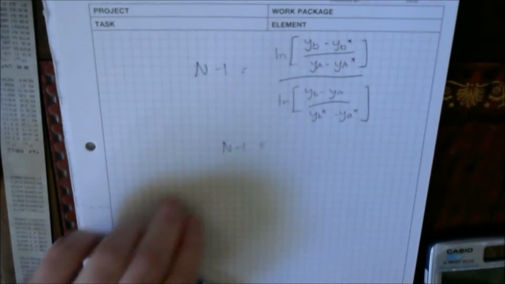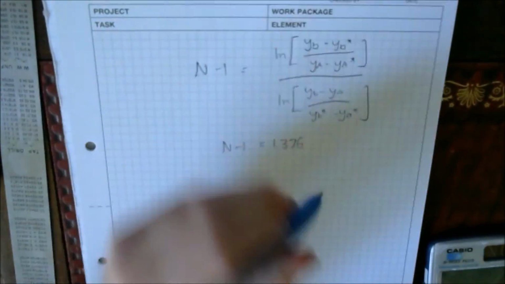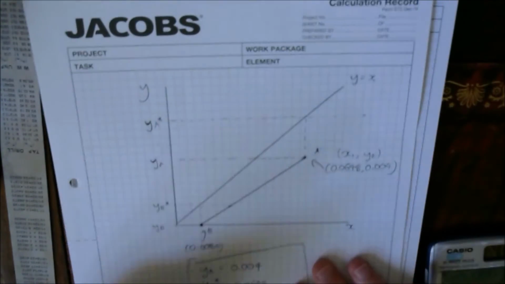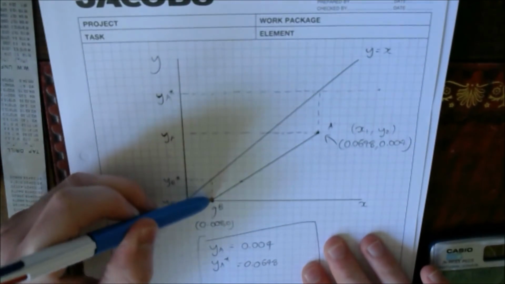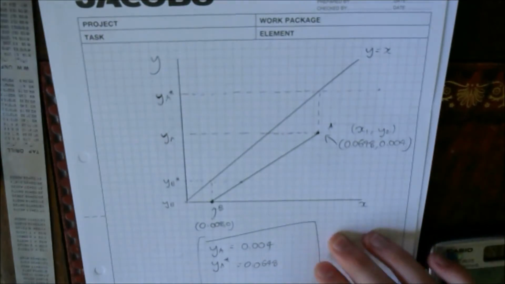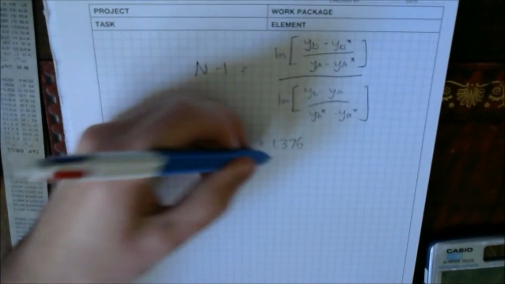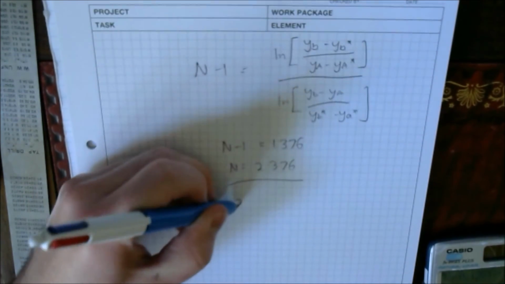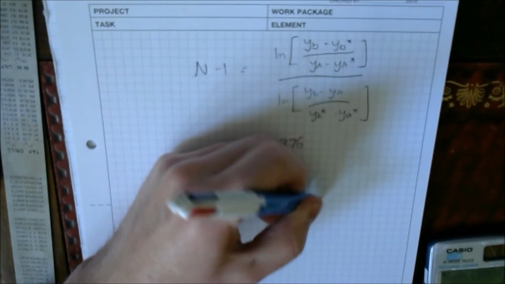Okay, so I get a value of 1.376, and remember, going back to our drawing, this was from stage 2 to stage n, so we've simply got to add 1 for that first equilibrium stage, which we didn't calculate. So n is going to be equal to 1 plus that, so 2.376, and that is your answer, 2.376 ideal stages.